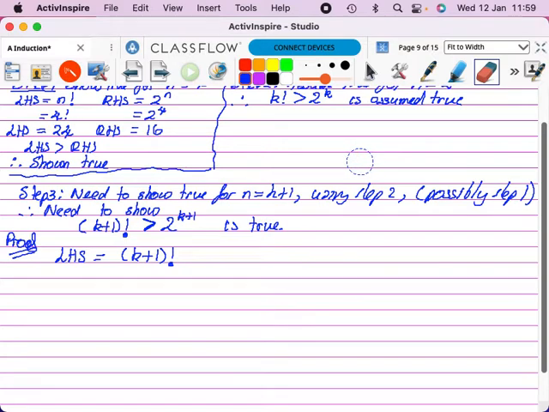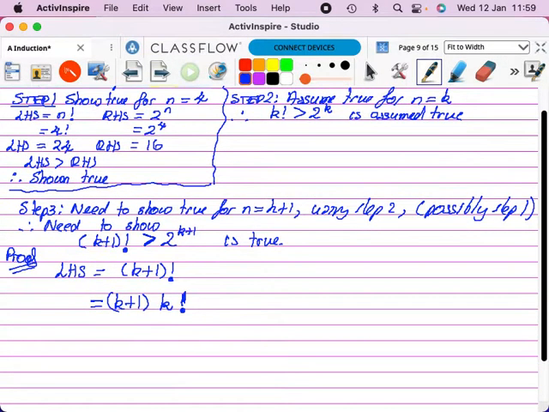So we just do it down here. So what is the left-hand side? Well, the left-hand side, I'm going to break down the factorial. So I write down the first, k plus 1 times k, but instead of continuing it, I just put the factorial symbol there. What was the whole point of that? Well, k factorial is, in actual fact, step 2.